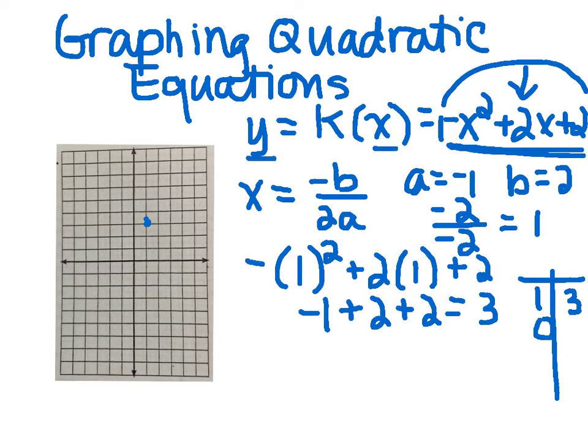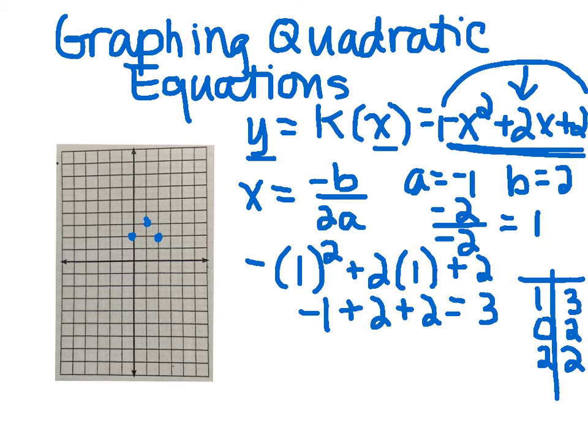So 0 squared is 0, 2 times 0 is 0, so when I plug in 0, 2 comes out. Now I know that all parabolas are symmetrical, so if this is a point, then over here the 2, 2 is also a point. We don't even need to do the math for that.